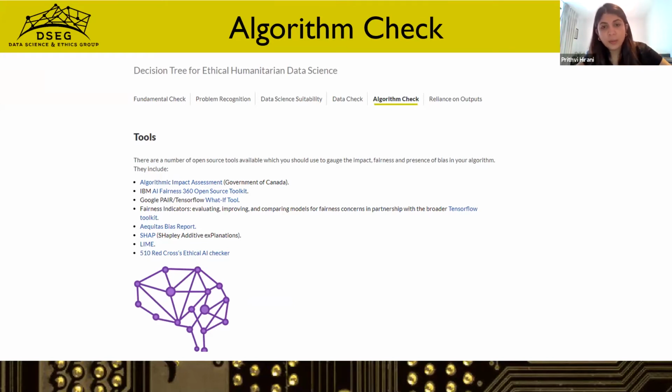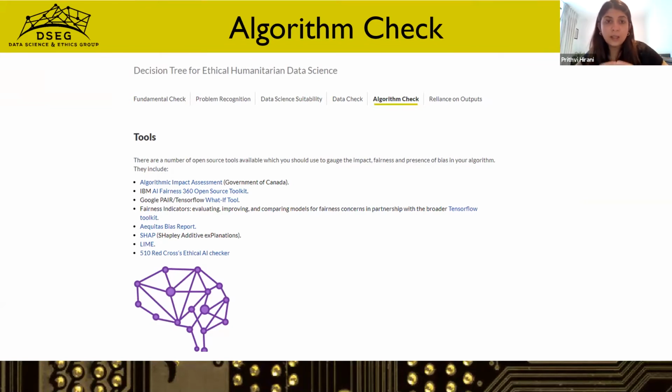We've also signposted some tools that reflect this interactive and learning aspect of the decision tree, to help you think about it a bit more. Ultimately, the algorithm check is designed to help you better understand how the statistical assumptions of your model may affect the outcomes, from the data responsibility perspective, and more from a bias perspective.